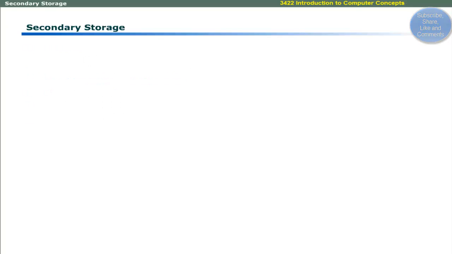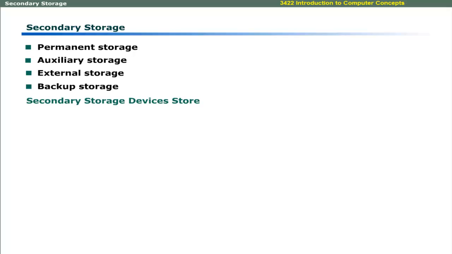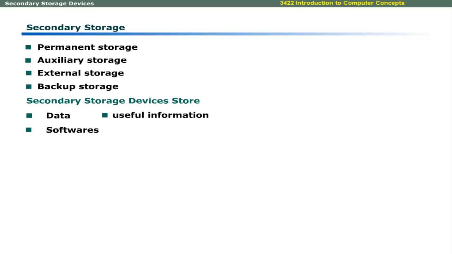Secondary storage is also referred to as permanent storage, auxiliary storage, external storage, or backup storage. Secondary storage devices are used to hold data, useful information, and computer software. Modern storage devices include both magnetic and optical devices.